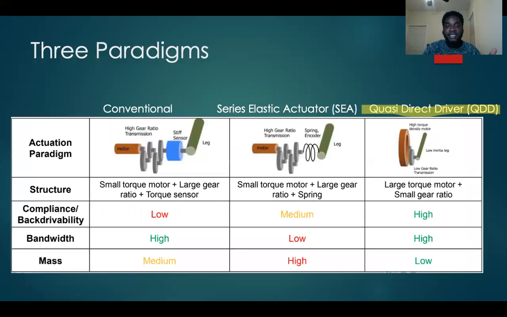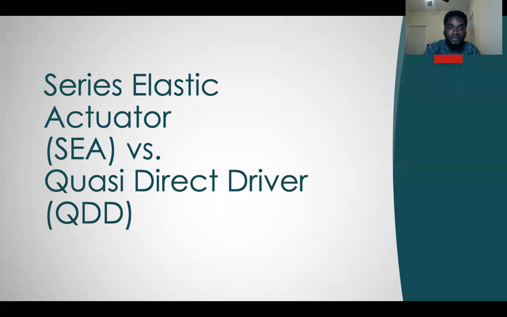In that case, we see that the quasi-direct drive actuator is actually the best actuator out there. It has a high back drivability, a high bandwidth, and a low mass. That means it can be used by users without affecting their metabolic cost as much as the other two.